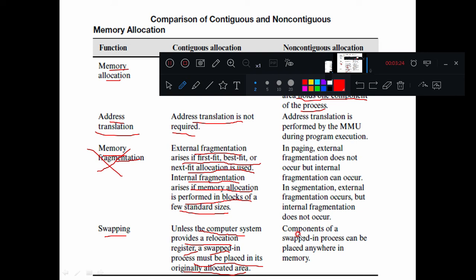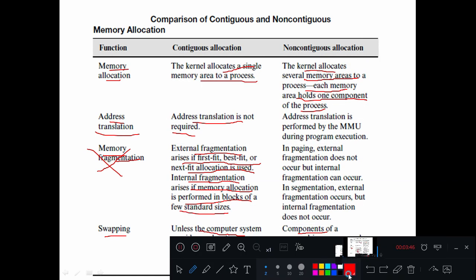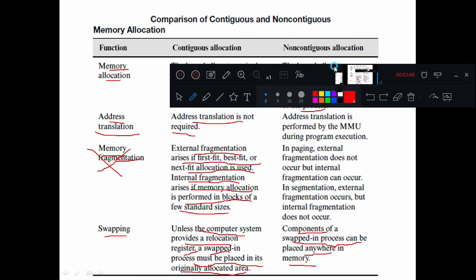And in case of non-contiguous memory allocation, components of a swapped-in process can be placed anywhere in the memory, right? Because the kernel is going to keep track of these allocated spaces which are located in parts, right? So in that case we do not require the swapped-in process to be placed in its original area; it can be placed anywhere in the memory, right?